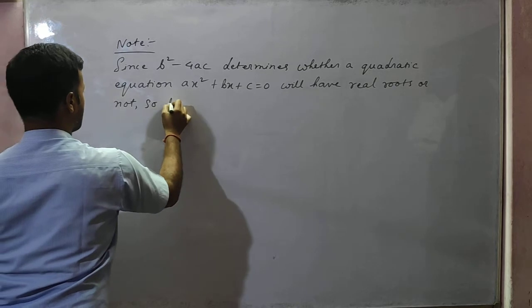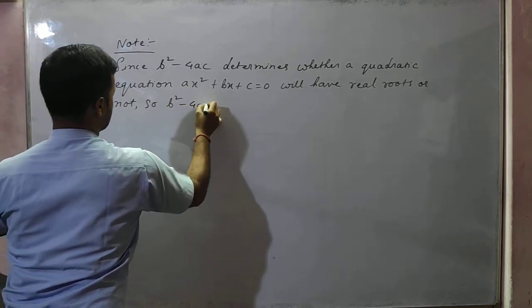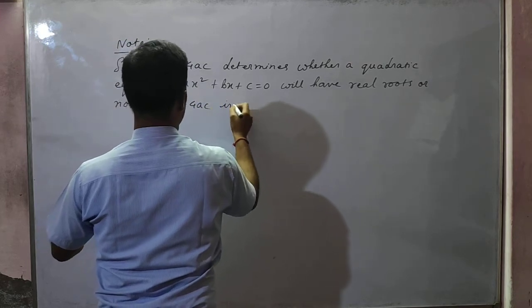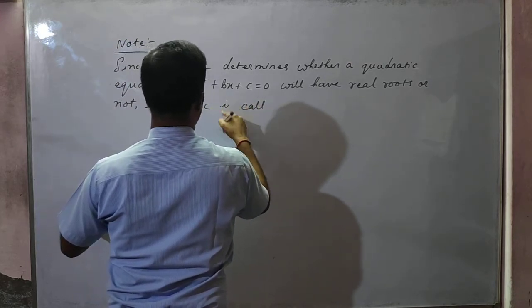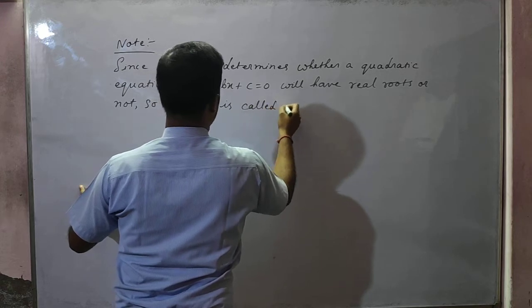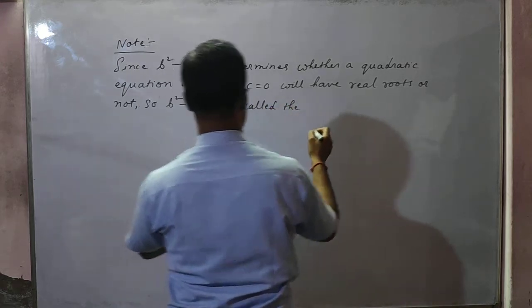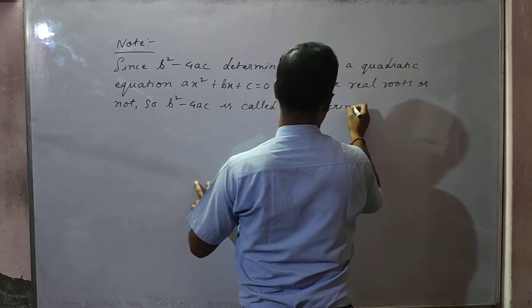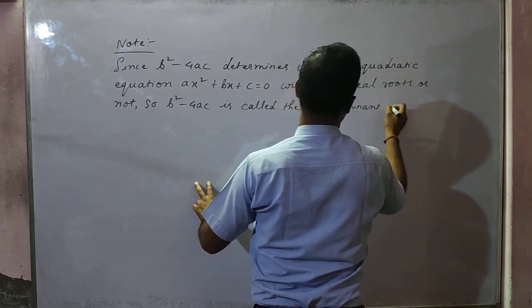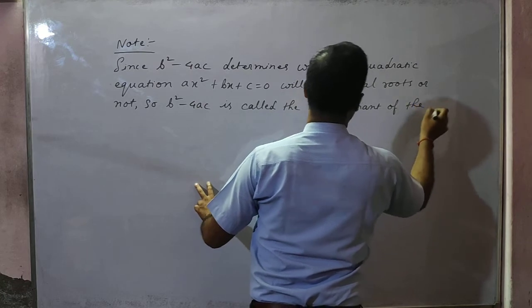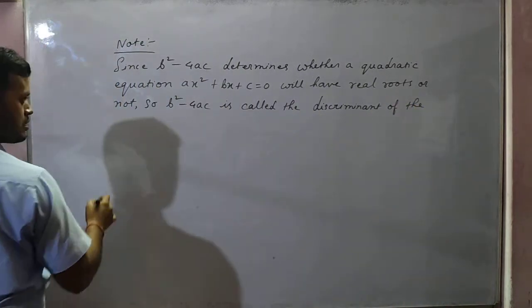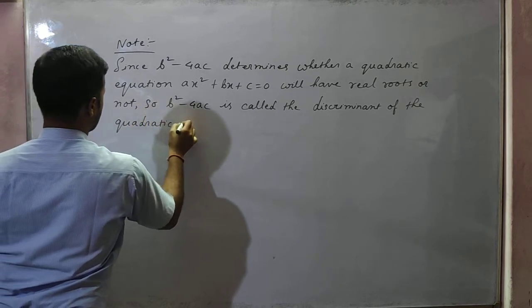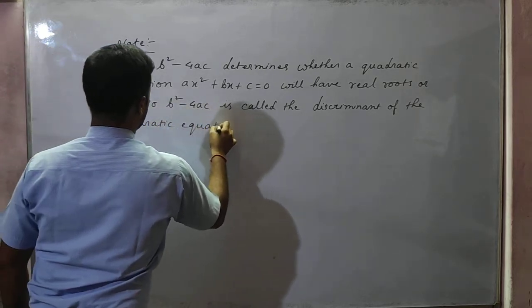So b square minus 4ac is called the discriminant of the quadratic equation.